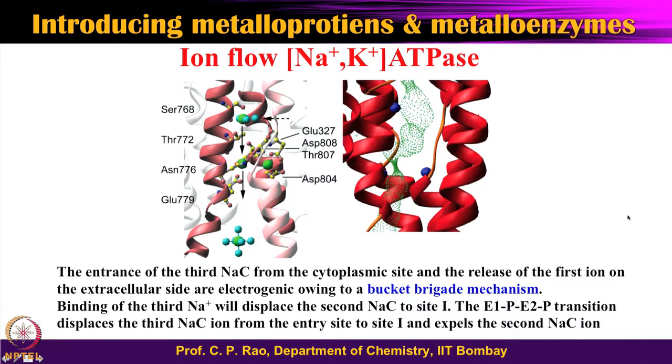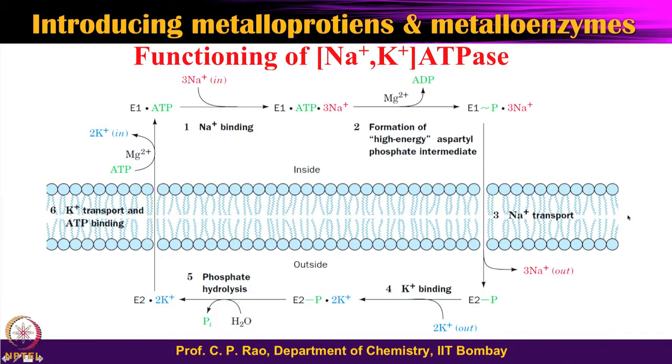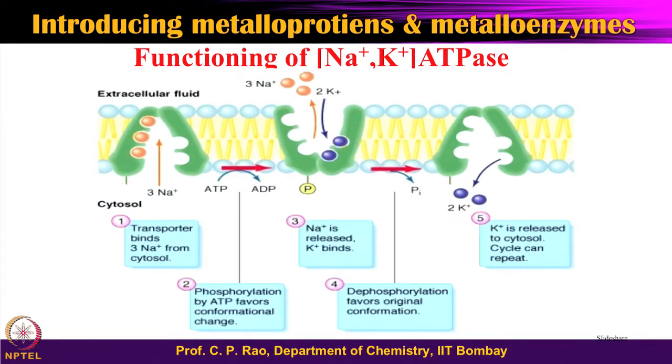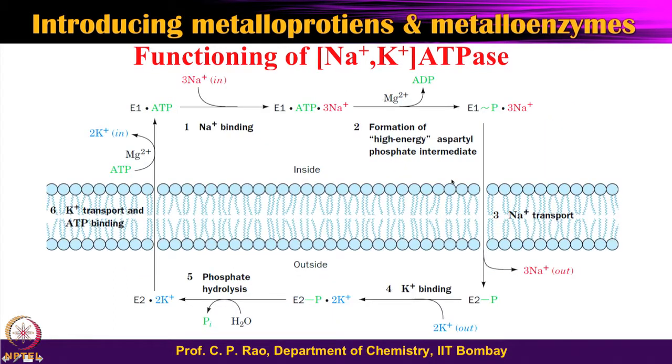Now, in the previous 2 cases, we talked about the 3 ions of sodium binding, and then 3 ions of sodium released, 2 ions of potassium binding, 2 ions of potassium released. These are the aspects that we have looked at earlier. So, the same thing through conformational state.